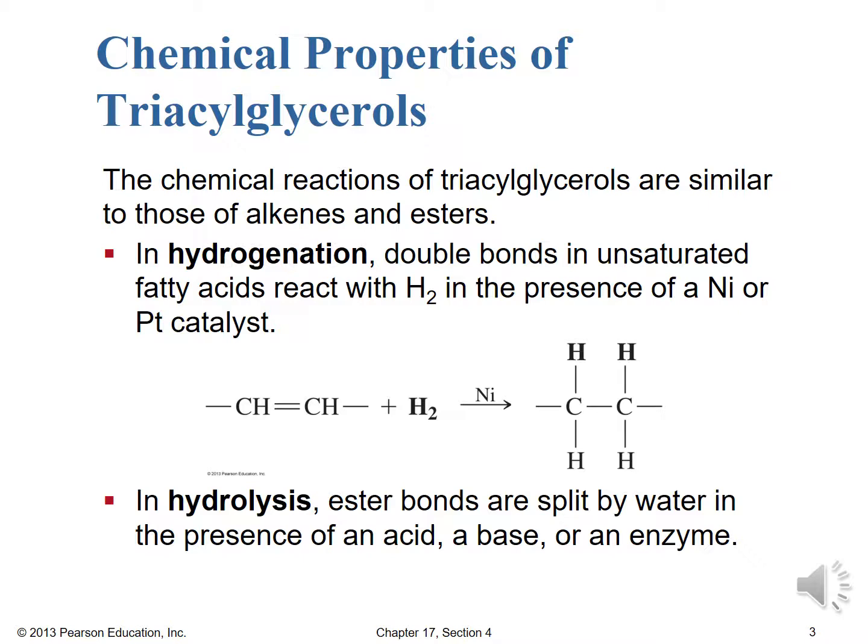So in hydrogenation, for instance, double bonds in unsaturated fatty acids can react with hydrogen in the presence of a nickel or platinum catalyst. This is done in the lab, not in the body. So we have the fatty acid residue that has a double bond, whether it's monounsaturated or polyunsaturated.